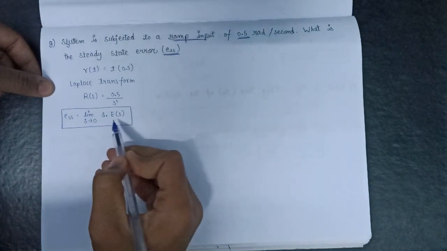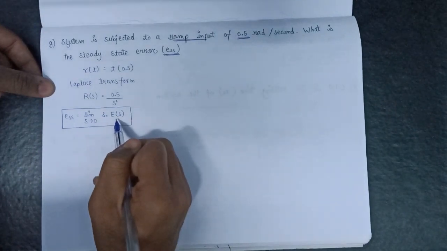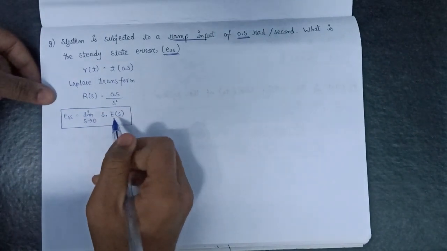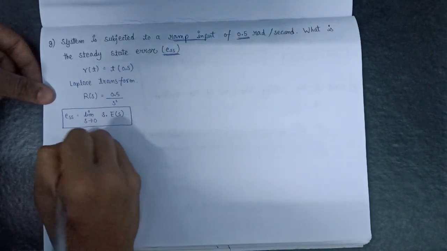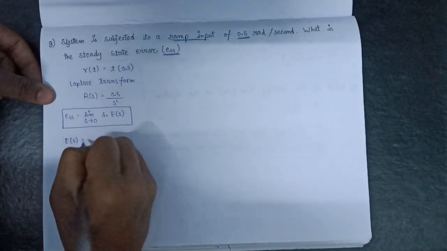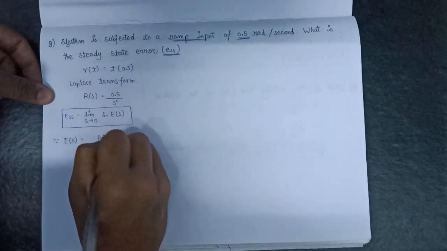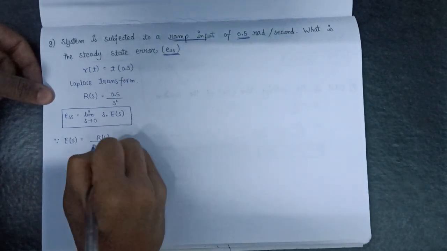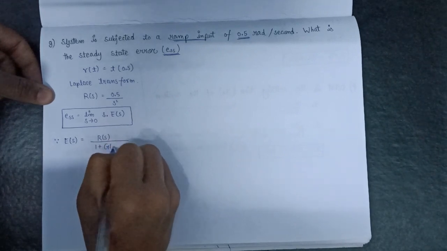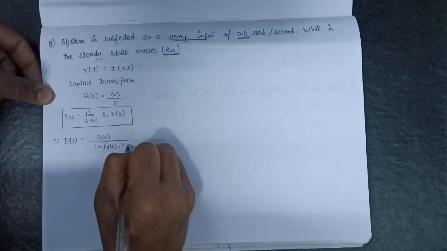But for this calculation we have to first find out E of S. The expression for calculating E of S is equal to R of S over 1 plus G of S into H of S.